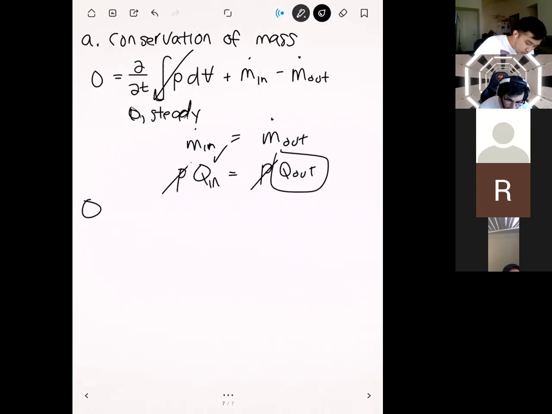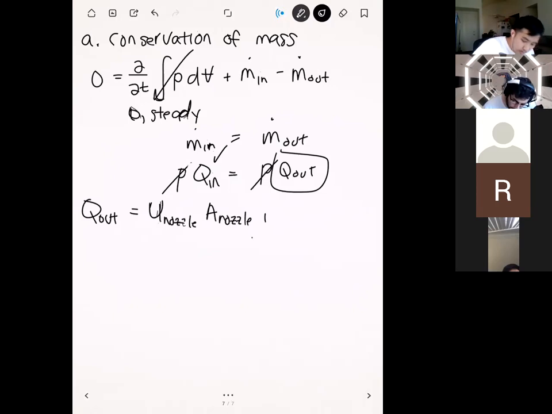Okay. And so Q dot out, or the flow rate out, is equal to the sum of the flow rates for the two nozzles. Okay. And so the way that we can compute this, we can say that this is equal to U nozzle, A nozzle.